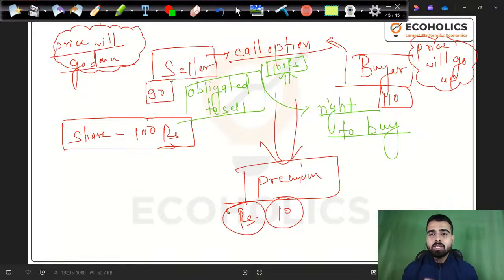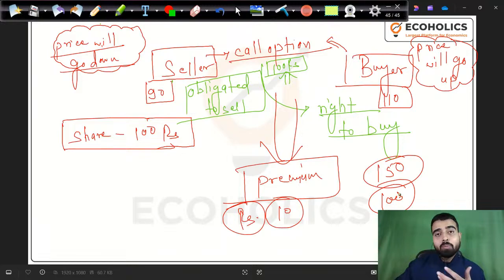I will buy this share at rupees 100 at the agreed terms. In the market it is selling at 150, but he is getting it at rupees 100 only because in the past he bought a call option. Then the seller is obliged to fulfill the agreement. He will be selling that share at rupees 100 only.